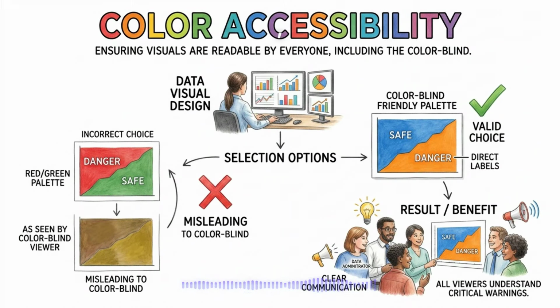If you create a chart where green means safe and red means danger, a color-blind administrator might completely misunderstand your critical warning. Analysts solve this by using color-blind friendly palettes, such as combining blue and orange, and by adding clear text labels directly onto the charts.